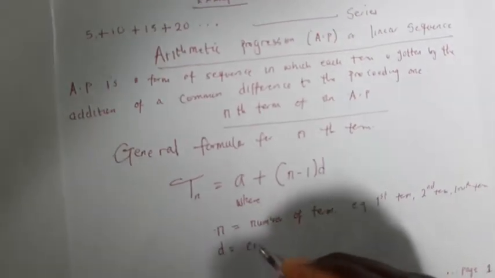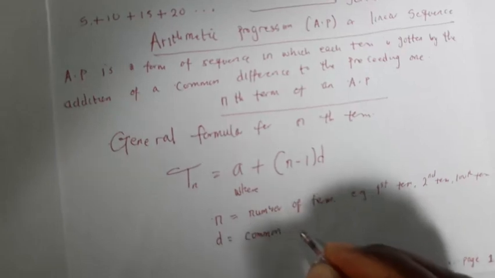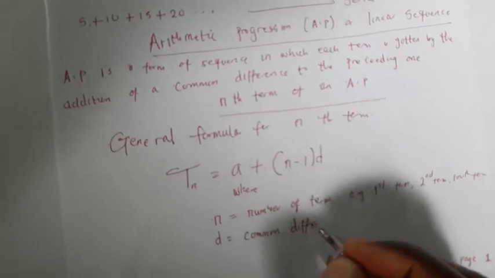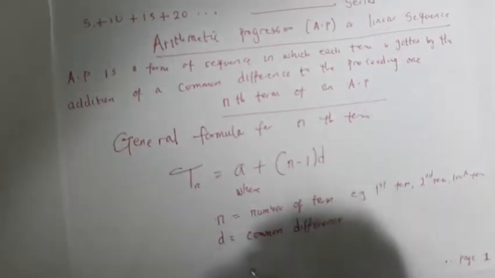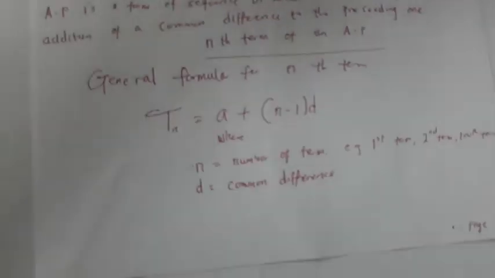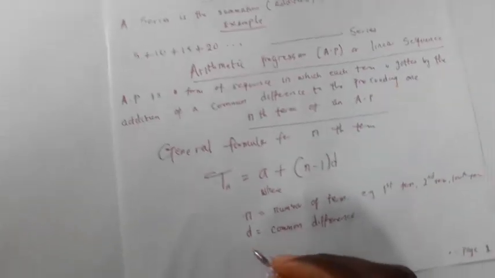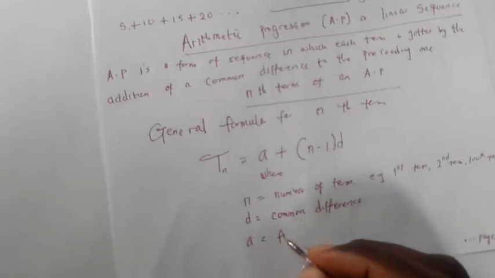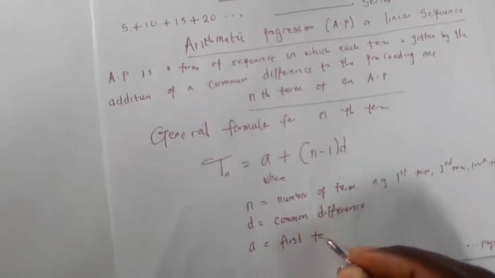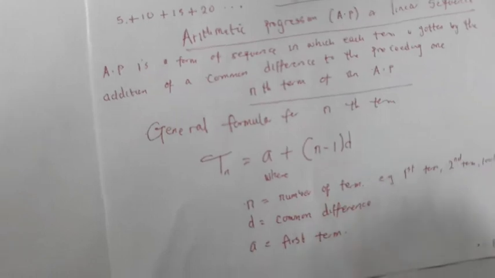D is the common difference. A equals the first term.